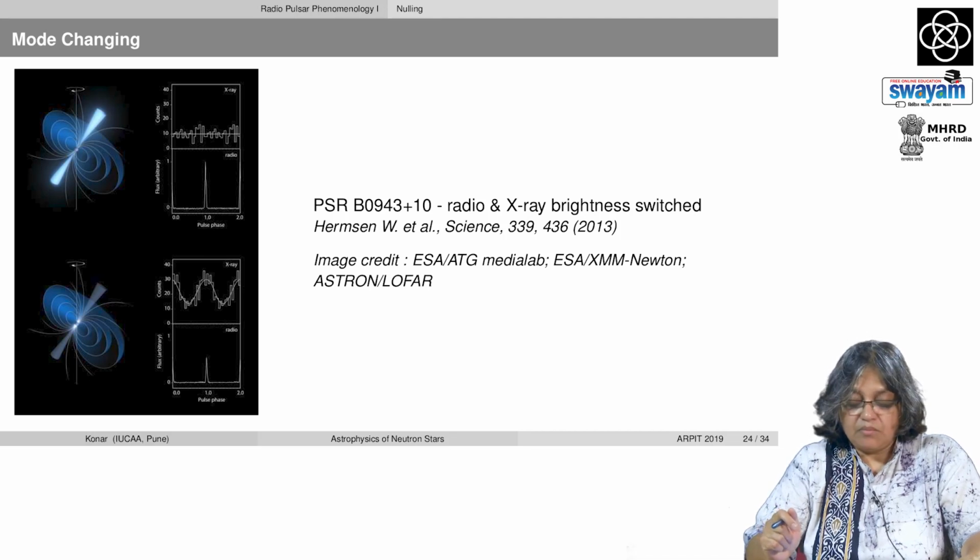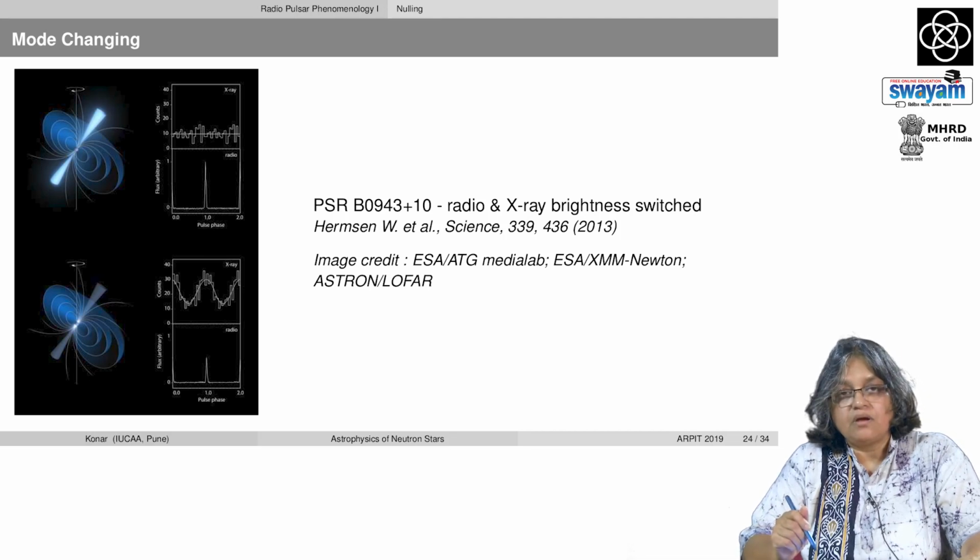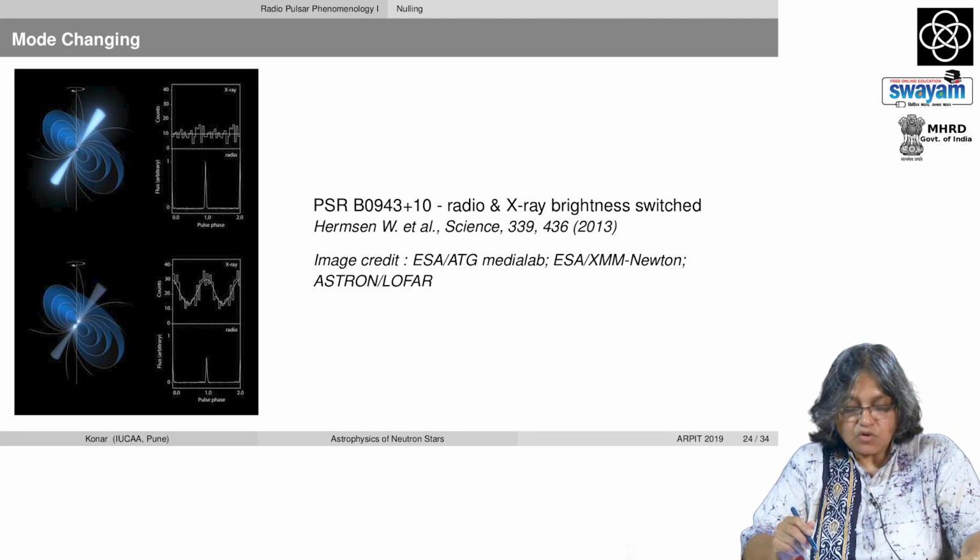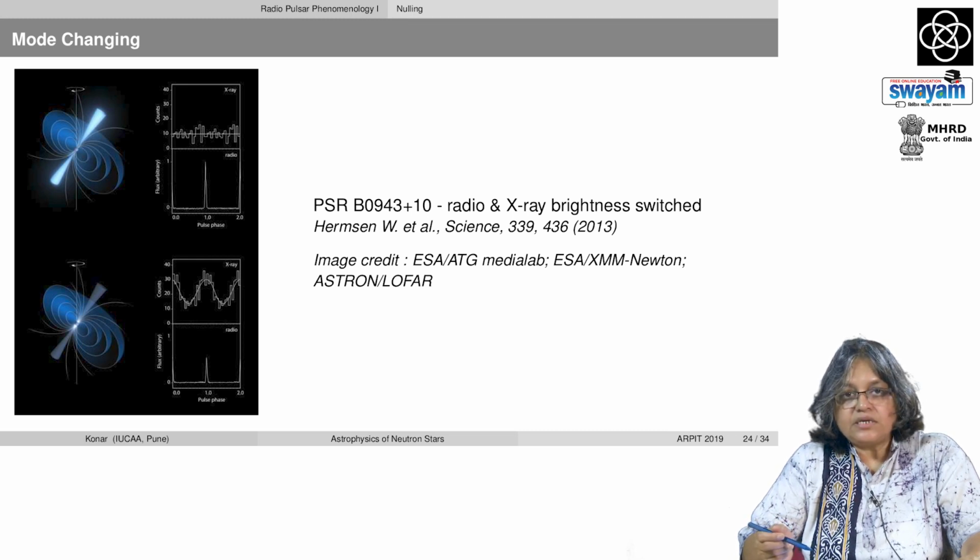Now, the same pulsar that we saw in drifting of subpulses, it is of course a nulling pulsar, also experiences something called mode changing. What is mode changing? You will see in this picture. It is emitting in radio and then suddenly the radio luminosity drops and simultaneously X-ray luminosity increases and vice versa.